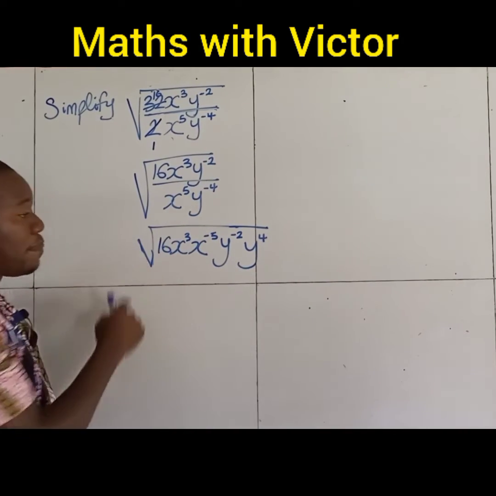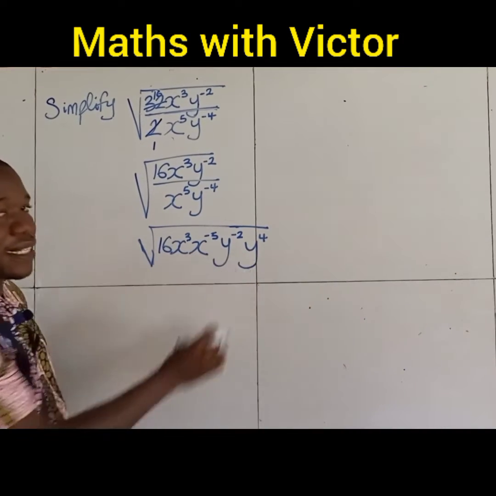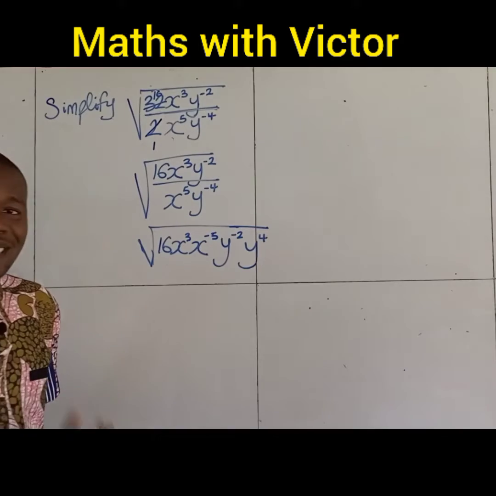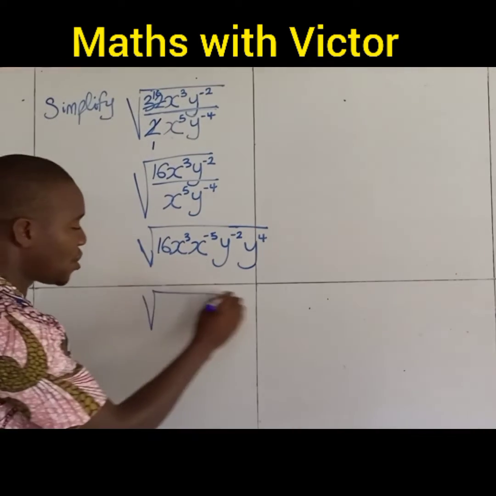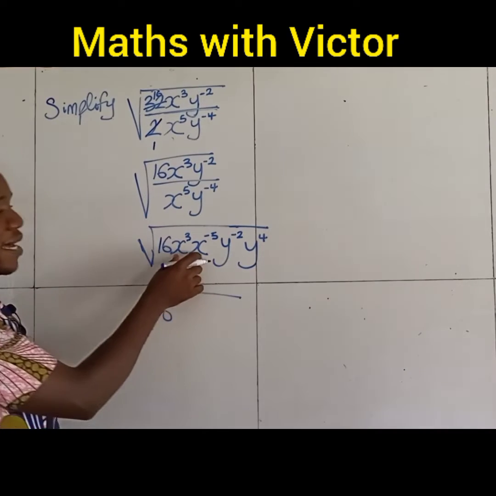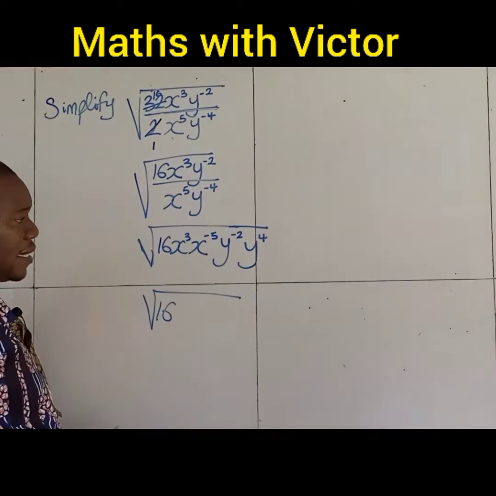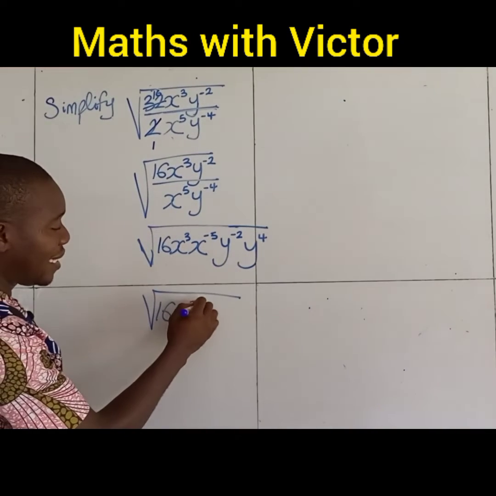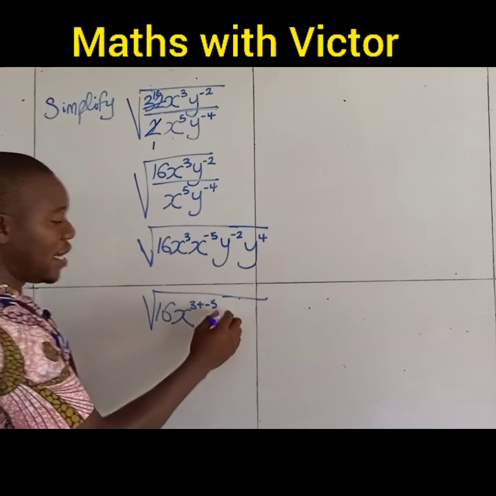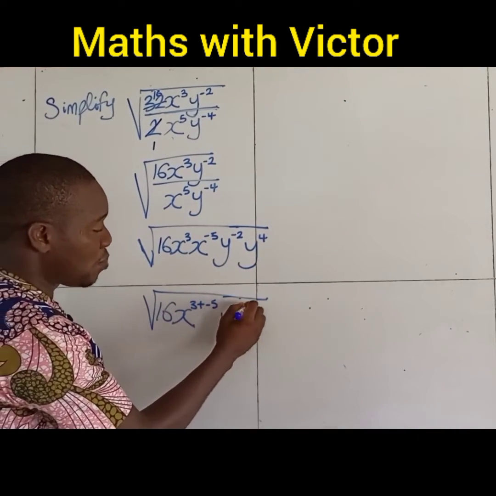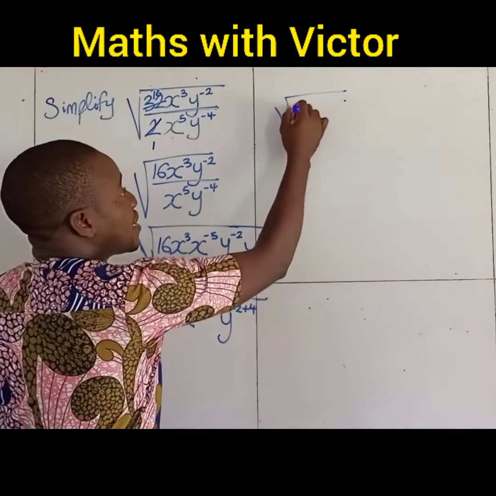We can continue simplifying. Here, this is multiplying this, so we can apply the law of multiplication by adding the powers. I have square root of 16, and applying the law of addition of powers gives x to the power of 3 plus minus 5, then y to the power of minus 2 plus 4.